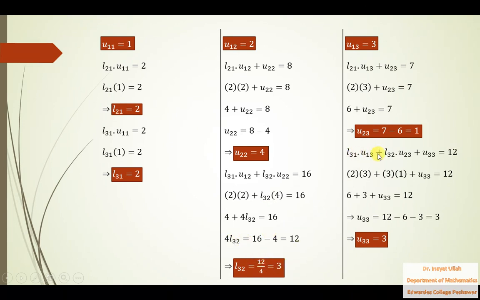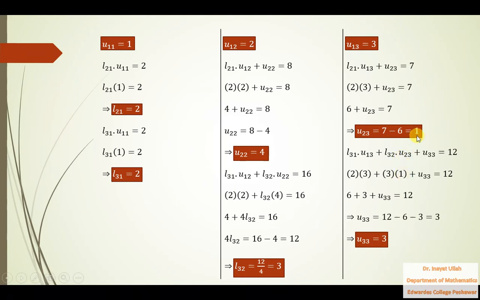This is the element of third row third column from the left hand side, and that is the same element of the right hand side from third row and third column. So equating these two elements and replacing L31 by 2, u13 from above, that is 3, L32 from below, that is 3, u22 from there, which is 4, and u23 is 1.